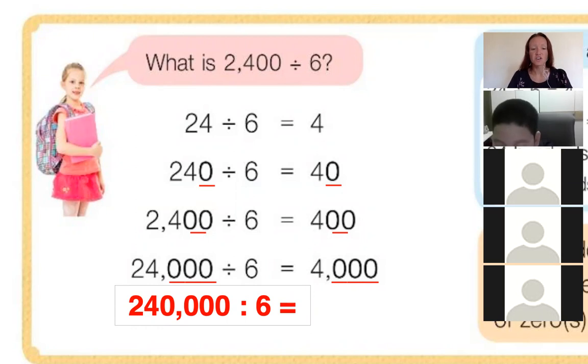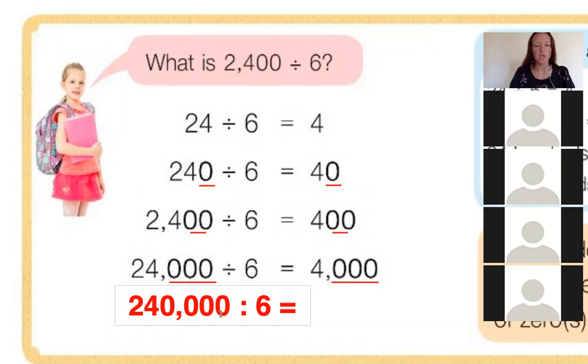Faster. 4,000? Not 4,000. How many zeros do we have here? 1, 2, 3, 4.